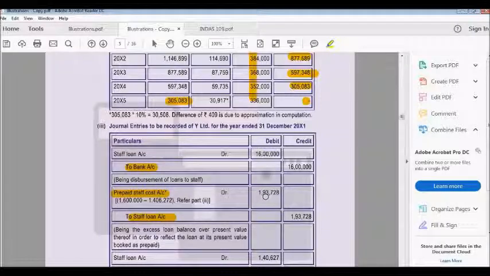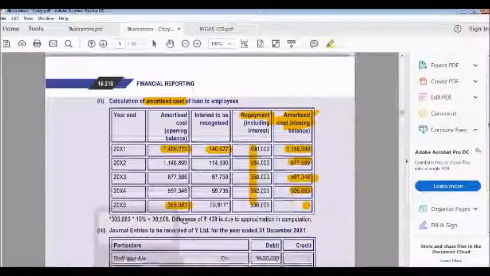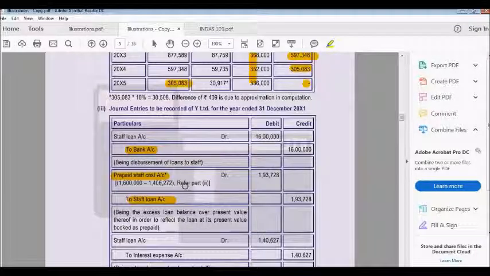So when you do 16 lakh minus 1,93,728, this will bring 14,06,272. So 14,06,272 will be your initial recognition amount in your books of account. So this is how it's going to work.